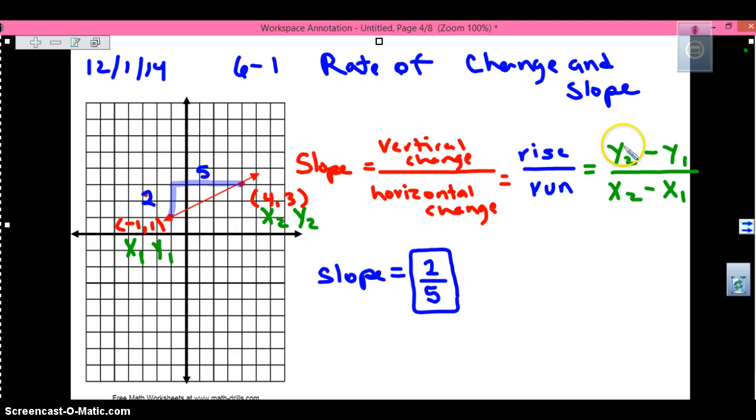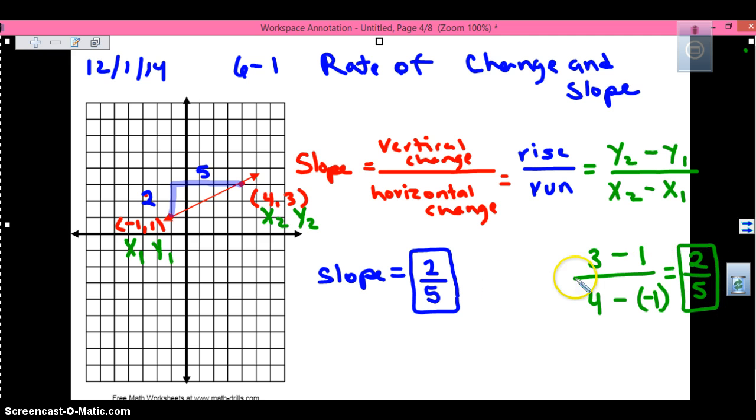If we substitute into this equation, y sub 2 is 3 minus y sub 1, which is 1, over x sub 2, 4, minus -1. 3 minus 1 is 2, and 4 minus -1 is 5. We get the same slope, 2/5.